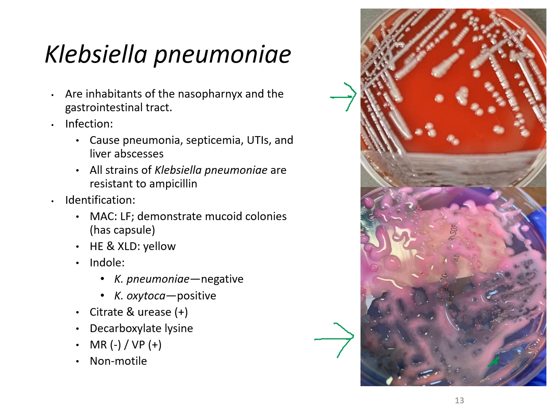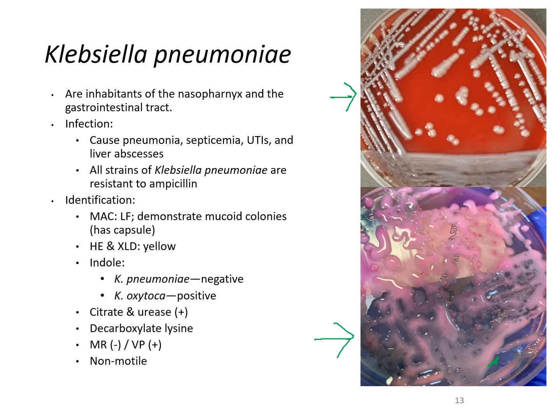These organisms, if they were plated on HE or XLD agar, would be yellow. And the indole test for this particular genus can be variable, which means negative or positive, and that would just depend on the particular species.